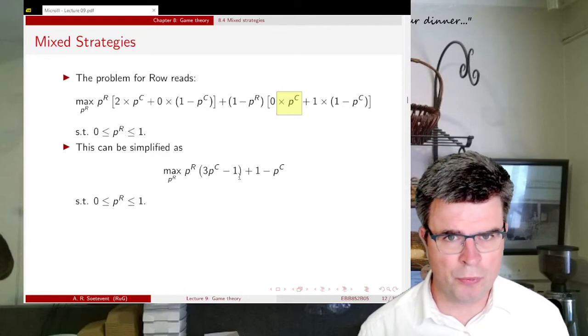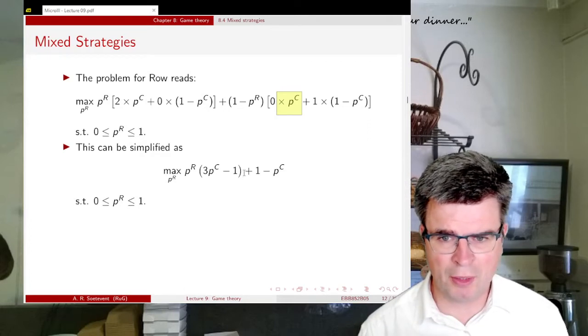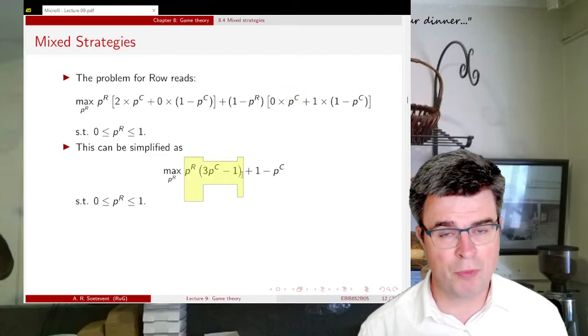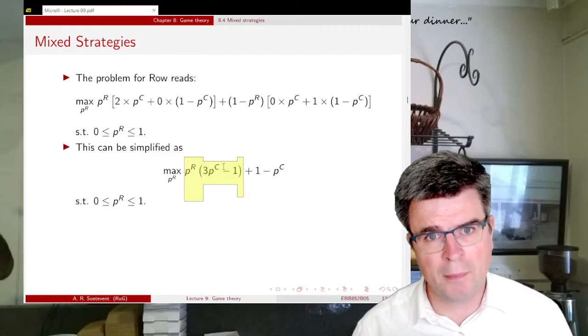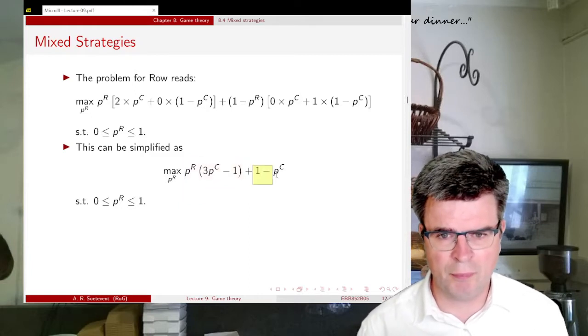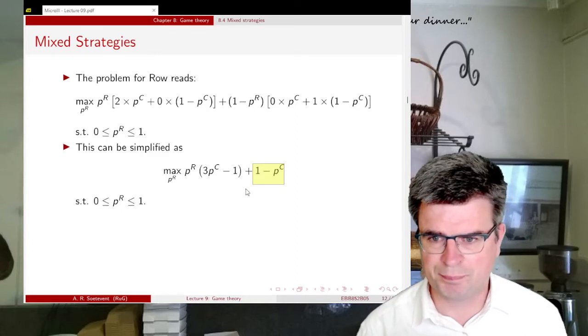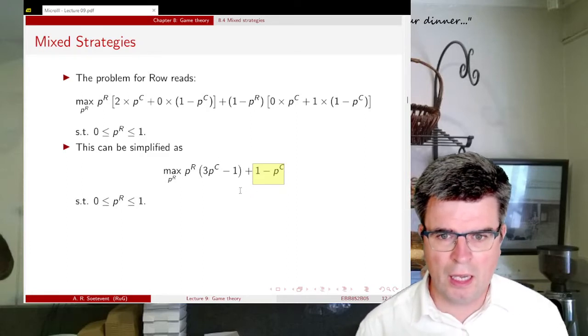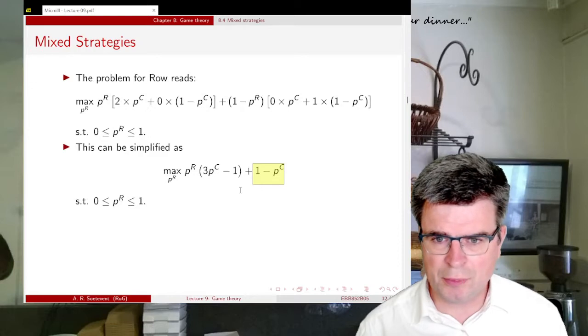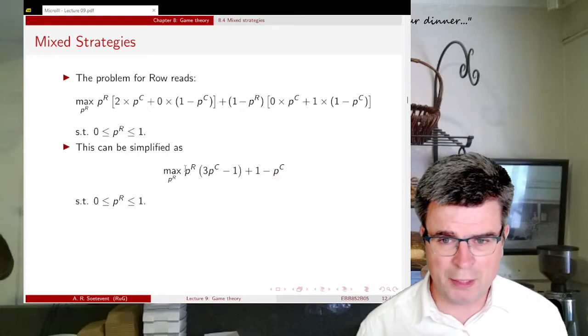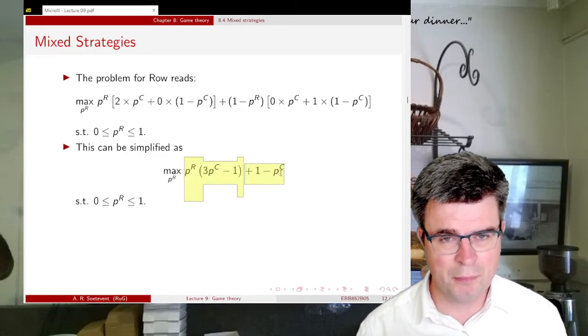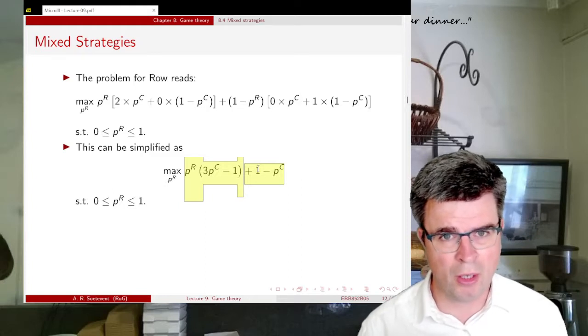And the reason for writing it in this particular form is that now we have only one term with the decision variable of the row player, PR, left. And then we have something that is a function of PC only. And what does that give us? Well, we want to maximize this entire expression by choosing a probability PR.